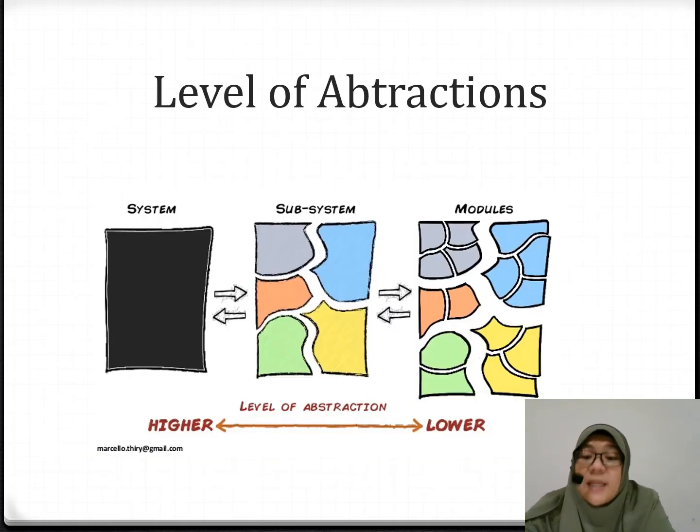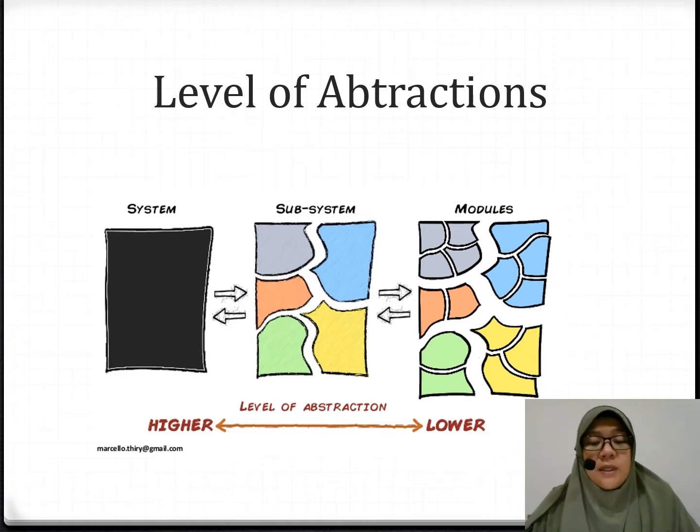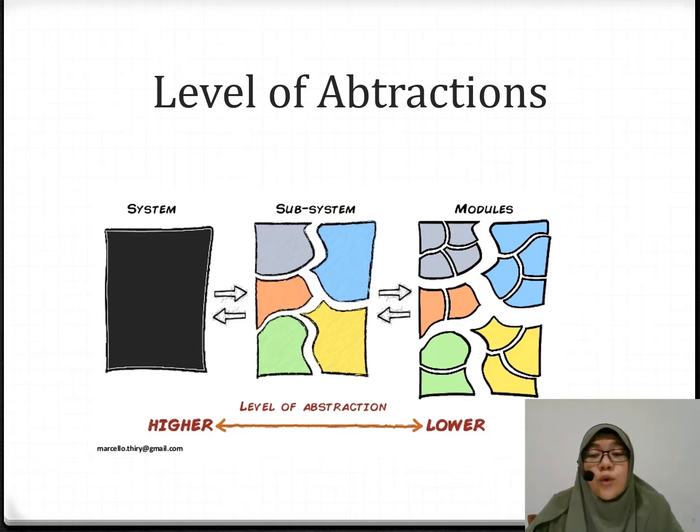Okay, so there are many levels of abstraction. We have a higher level and we have a lower level. So the higher level would be an overall system, like the abstraction of a clinical information system would be clinical system. So when we talk about the subsystems, you talk about the modules.